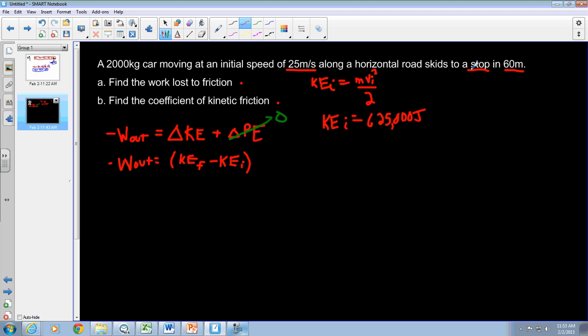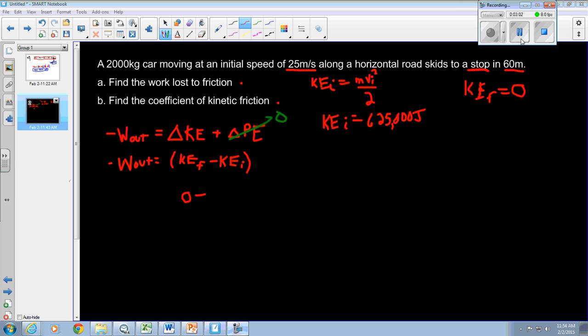And our final kinetic energy, because it stops, is equal to 0. It has 0 velocity. So we can say 0 minus 625,000 joules and solve for our workout.